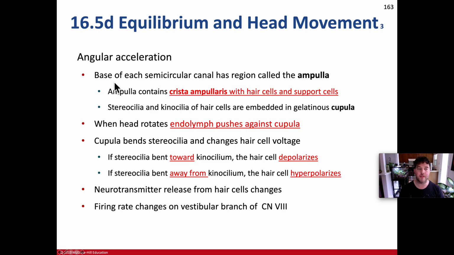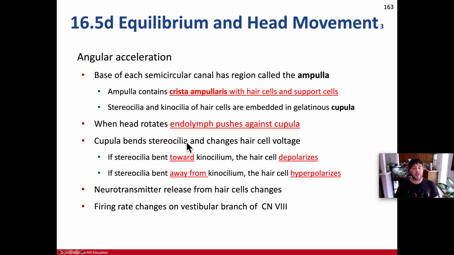For the angular acceleration, the base of each semicircular canal has a region called an ampulla, which is just a swollen portion. It contains the crista ampullaris with hair cells and supporting cells. There are stereocilia and kinocilia of hair cells embedded within the gelatinous cupula. And when the head rotates, the endolymph pushes against the cupula. So as your head is turning and rotating, the endolymph pushes up against the cupula.